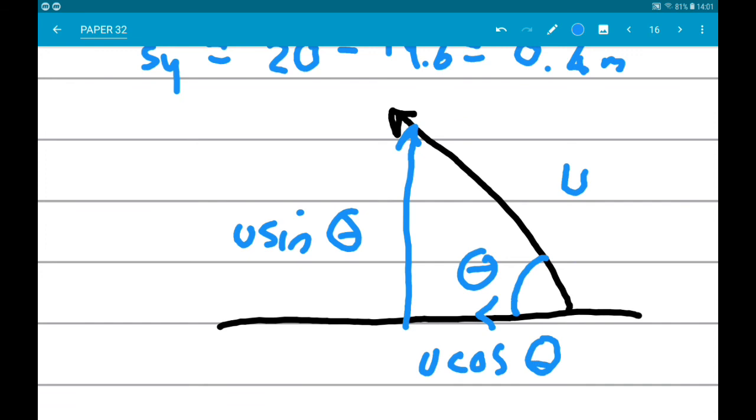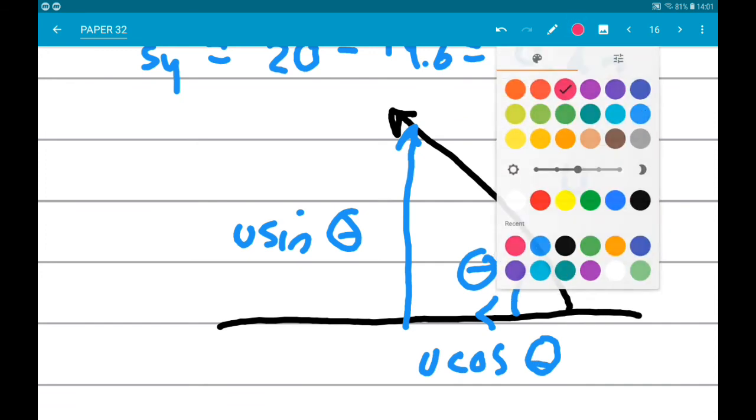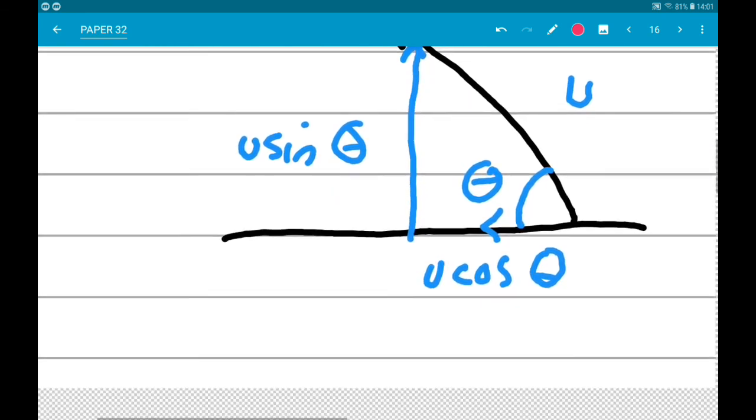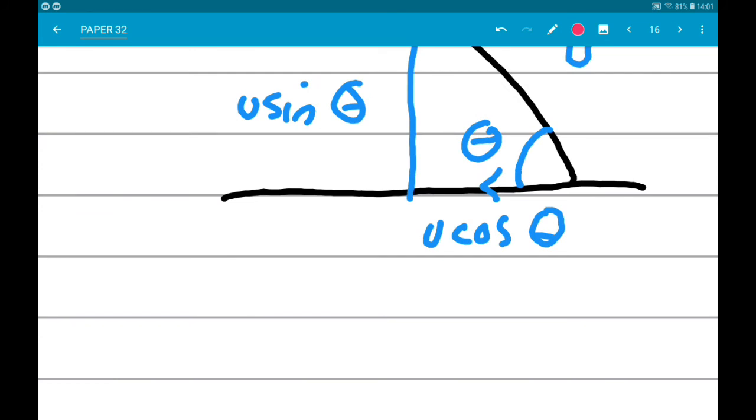Alright, now, what else do we know? We know that A and B are 50 meters apart.